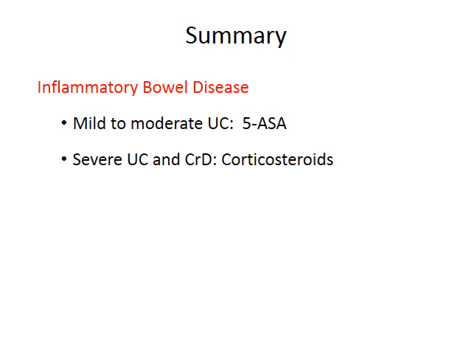If severity is higher, corticosteroids are used in the treatment of moderate to severe ulcerative colitis and Crohn's disease. So the first choice is 5-ASA. Then we can add a corticosteroid for both ulcerative colitis and Crohn's disease. If it is ineffective, then we can add other immunosuppressant therapy.